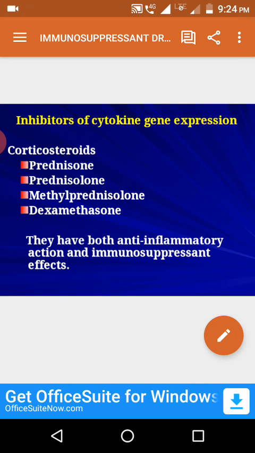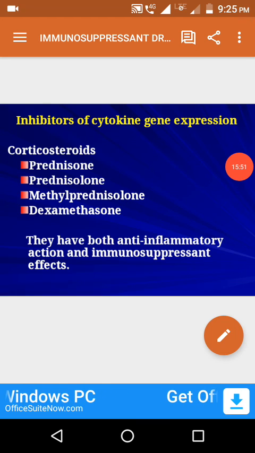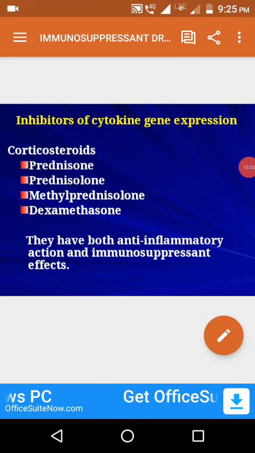You need not restrict yourself to the classification of immunosuppressants I am presenting in this PPT. You can refer to any textbook and write your own. If you are not comfortable with this classification, you can go for another classification given in other textbooks. Whatever classification you are comfortable with, you can write.